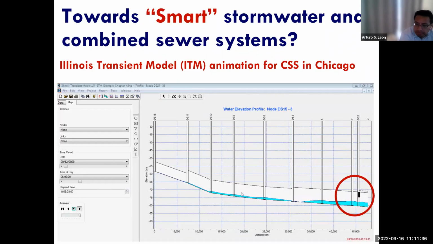This is a model called the Illinois Transient Model, which I developed about 10 years ago. This is used for simulating combined sewer systems in various places in the US and also around the world. So this model is intended for modeling the dynamics of very complex systems, including the operation of gates, pumps, and so on.